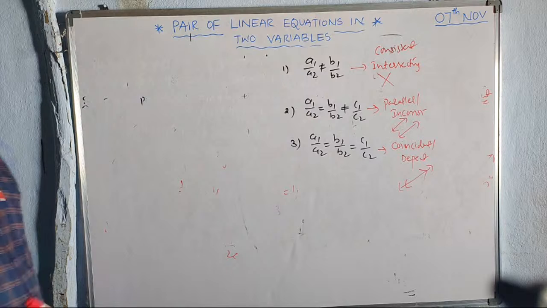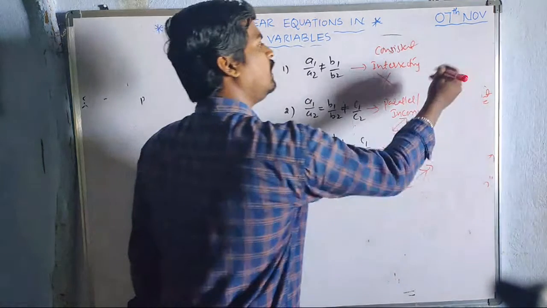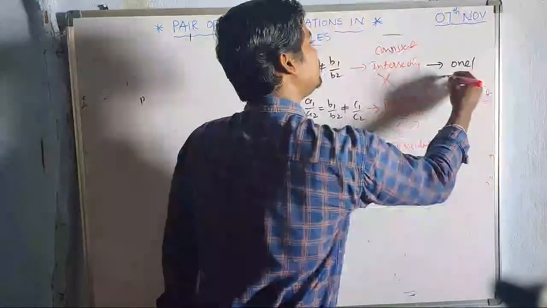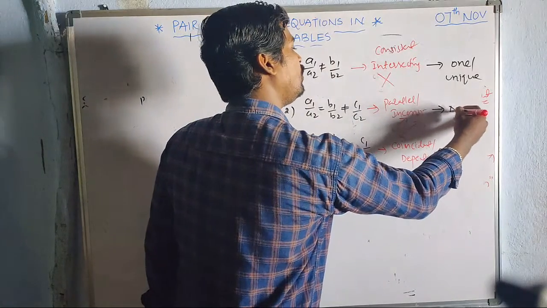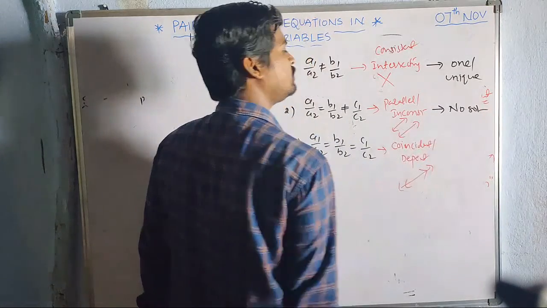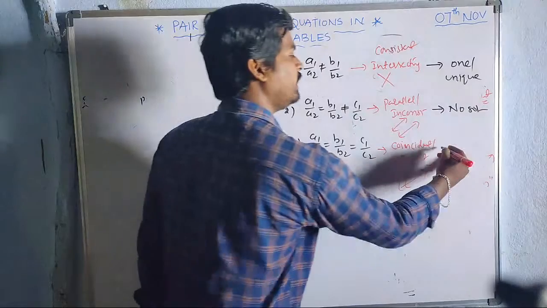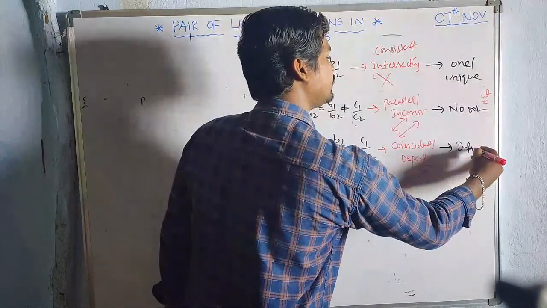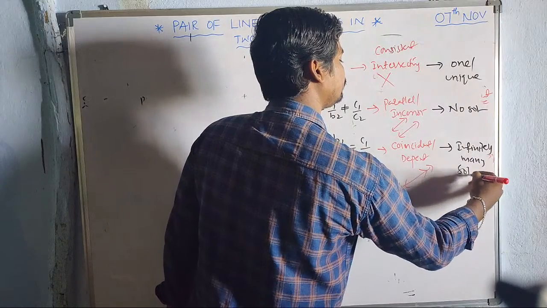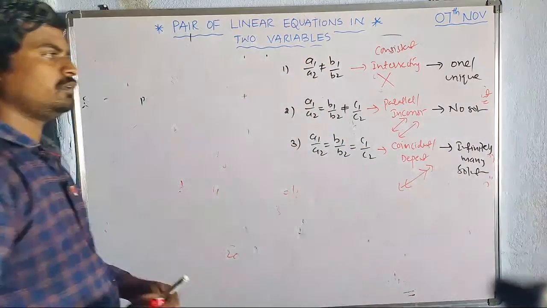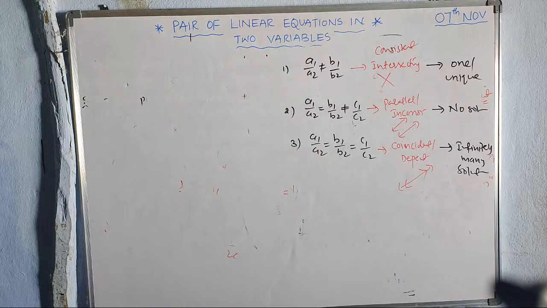So how many solutions? Algebraic representation: it has only one solution, called the unique solution. For parallel lines there is no solution, because there is no common point. For coincident lines, infinitely many solutions. So friends, these are the three conditions.